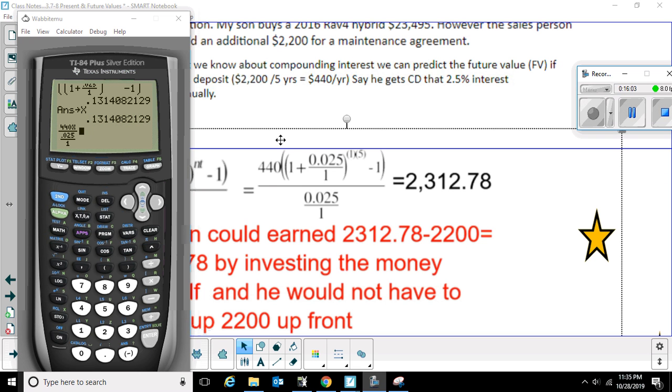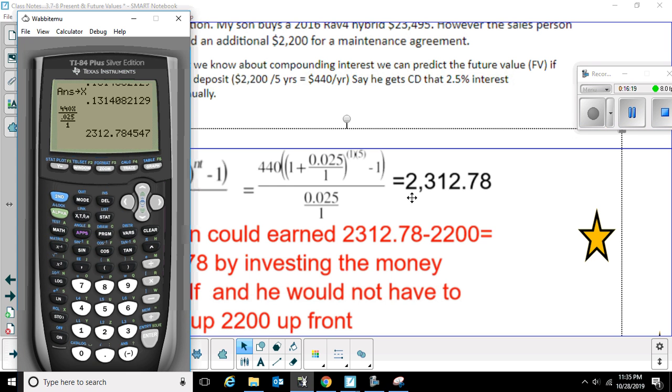Likewise, now we put this as an expression, 440 times X over 0.25 over 1. We hit return.